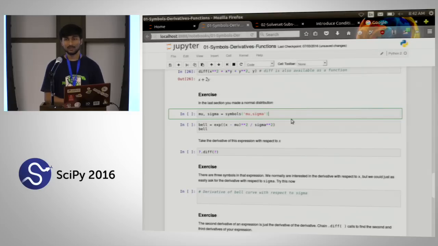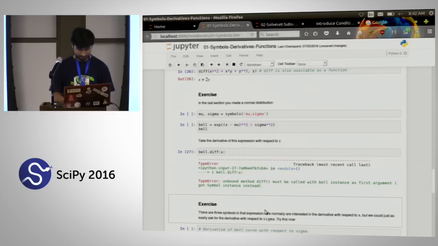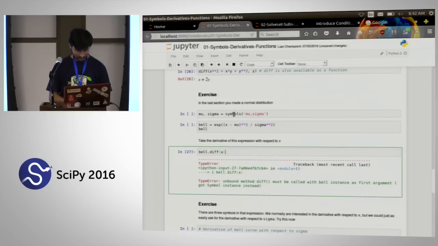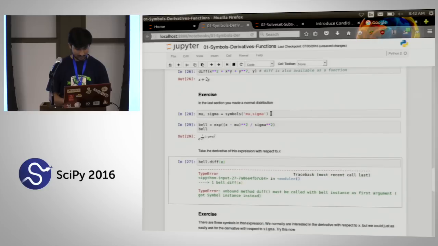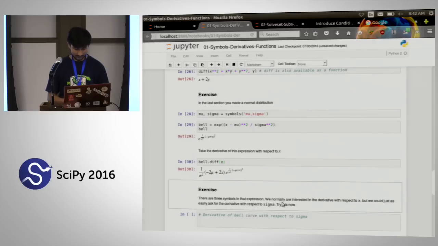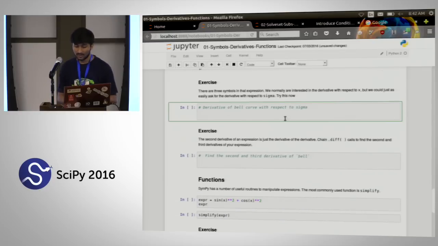So we found the bell curve recently. Now find the derivative of the bell curve with respect to sigma.